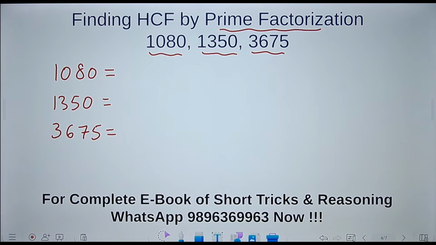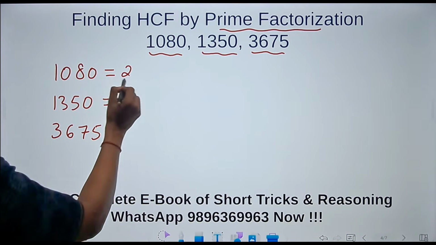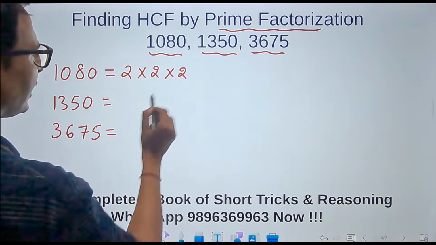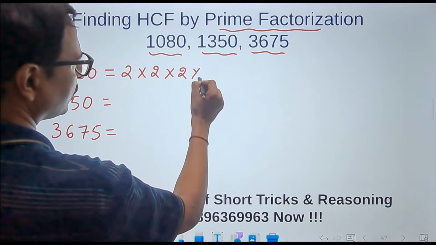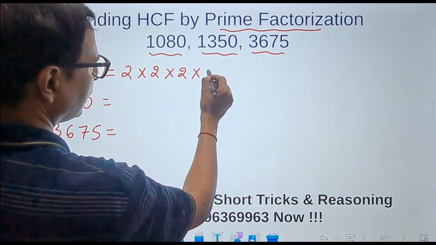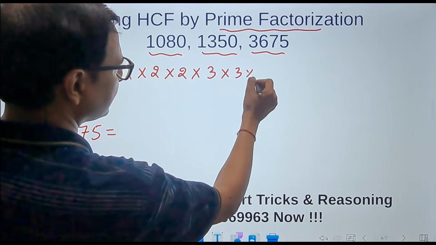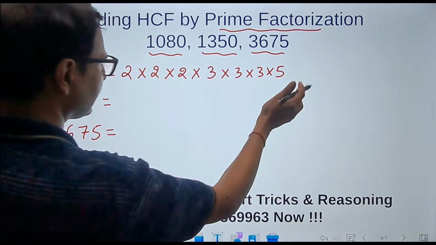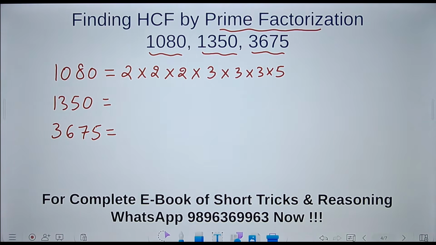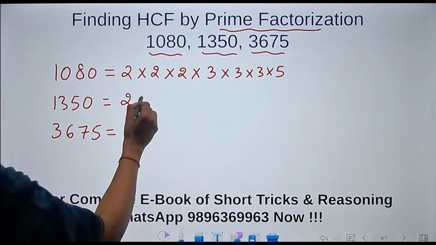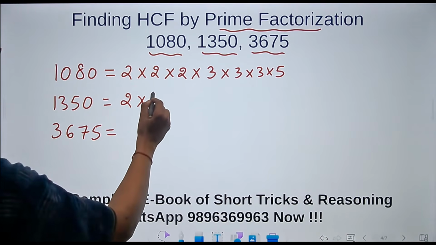Now for the first one, 1080, this is going to be 2 times 540, so 2 times 270, so 2 times 135, so 45 into 3, so 3, and 45 means 9 into 5, so 3, 3 and 5. See, I made all the prime factors of 1080. Likewise 1350 will have a 2, so this is 675. 675 goes into 3, right?